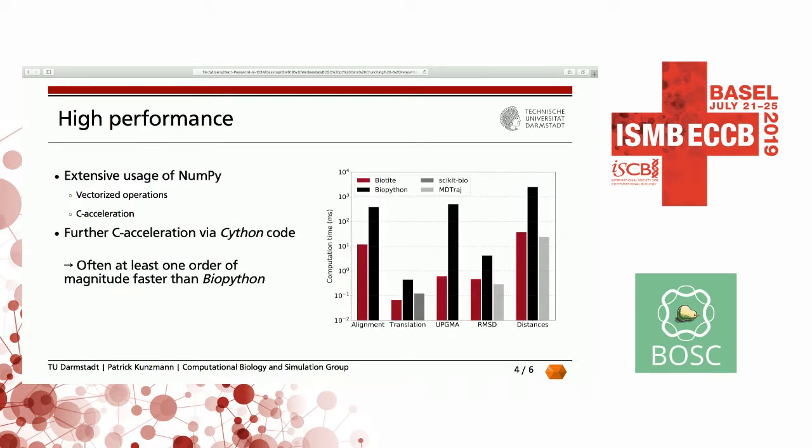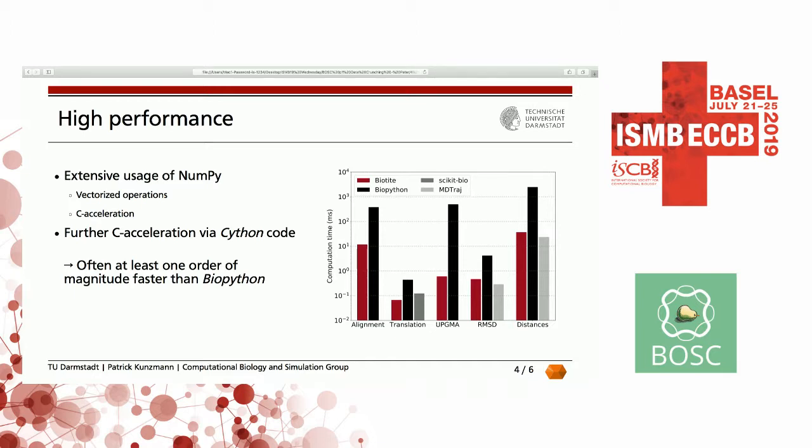One core feature of Biotite is the relatively high performance. Biotite objects are internally based on NumPy arrays, as already said. Therefore, the operations on them are vectorized and C-accelerated. And further acceleration where vectorization is not possible is done via Cython code.